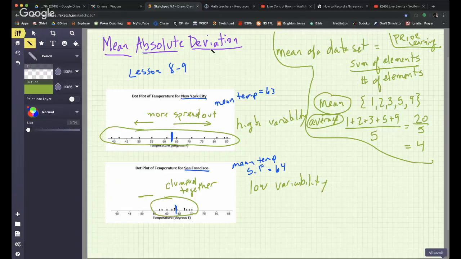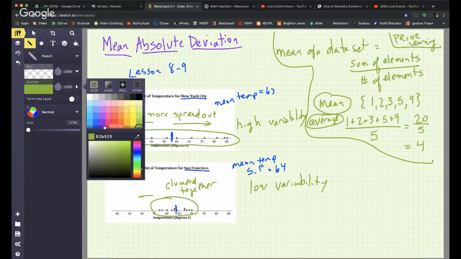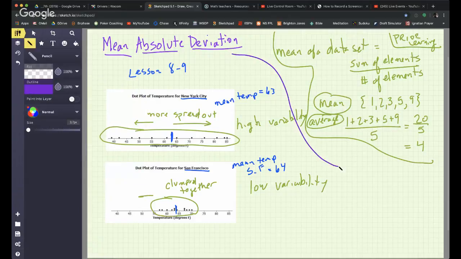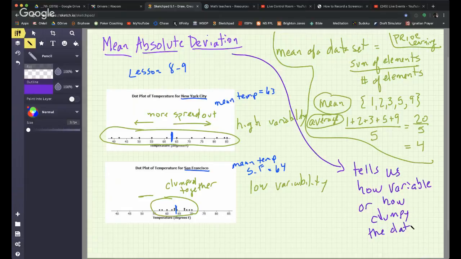Now, the definition of the mean absolute deviation is that it tells us how variable, or how clumpy towards the middle, the data is.